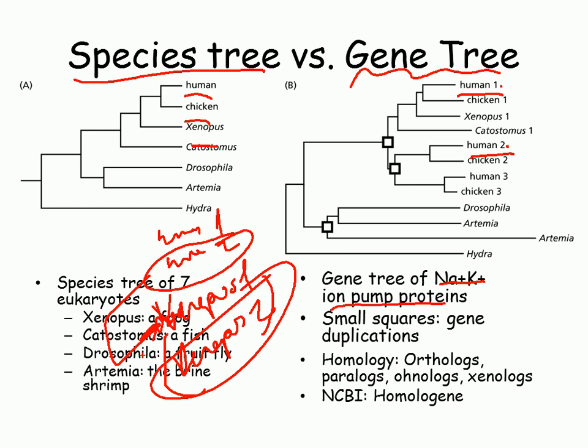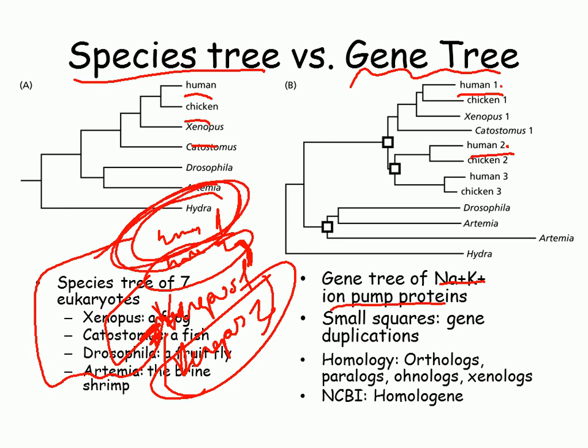And that may make you claim that these two are sort of homologs to each other, which they are in a way, but you need to also look at other genes within the same organism that are highly similar and do the same search with those. And if human 1 is closer to Xenopus 1, then that's the true homolog that you need to consider. Okay?